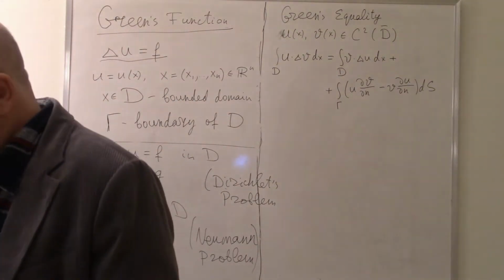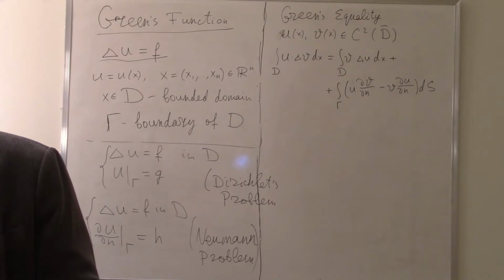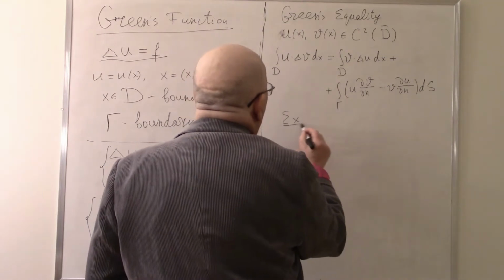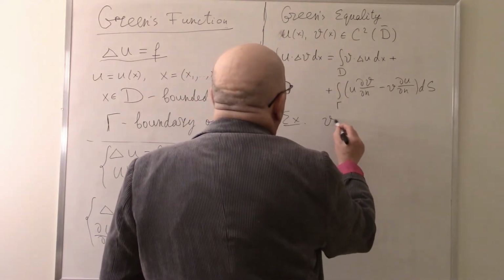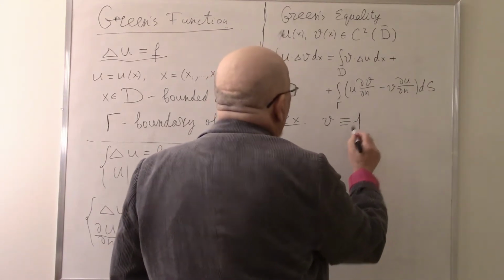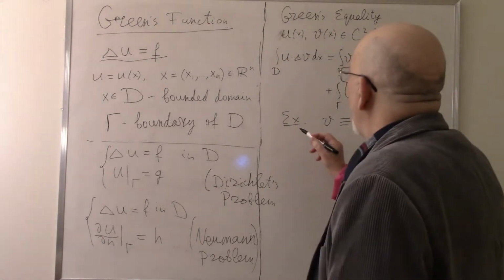Now in particular, consider an example: v equals 1. What will we get here?